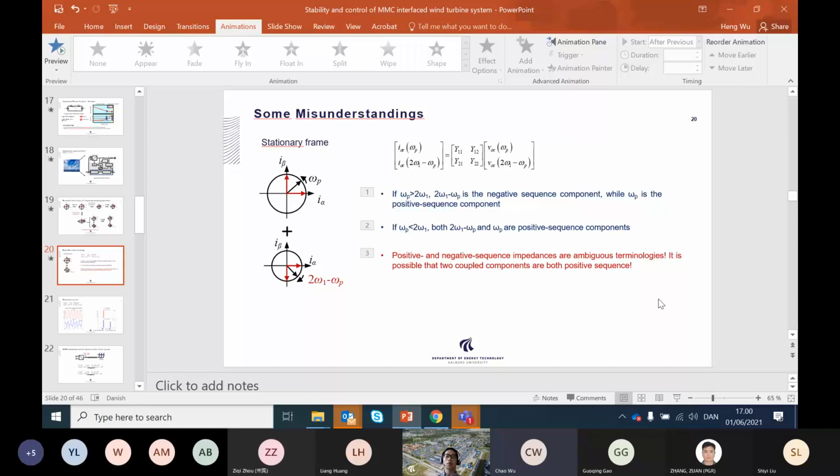And if you have something like omega p smaller than 2 omega 1, then this frequency in the negative sequence will be negative, so it's positive. So there are two positive couplings. This is my understanding.